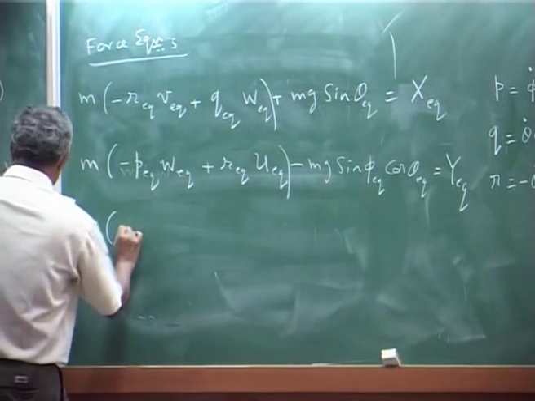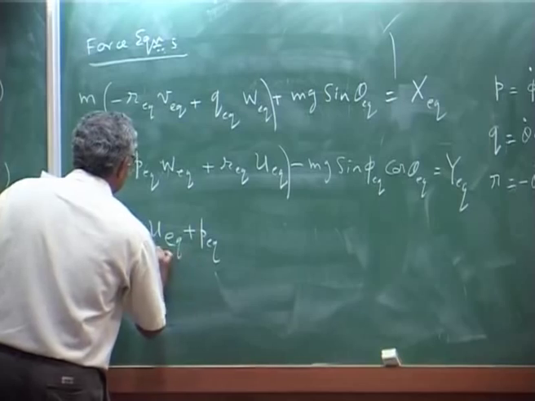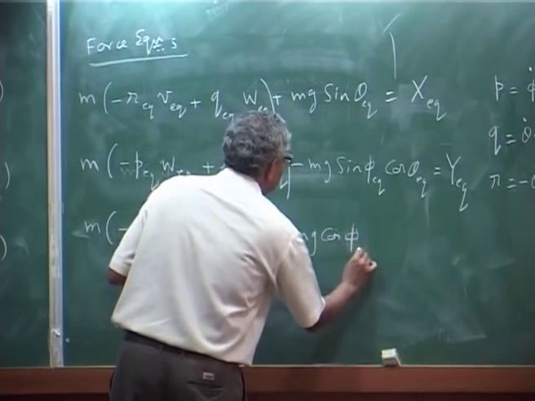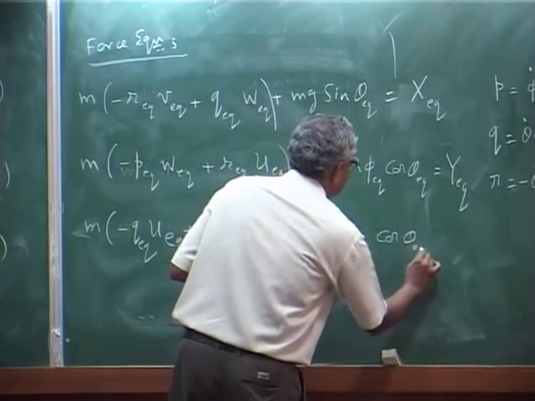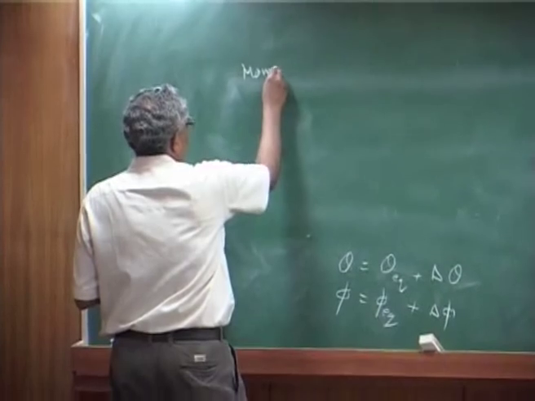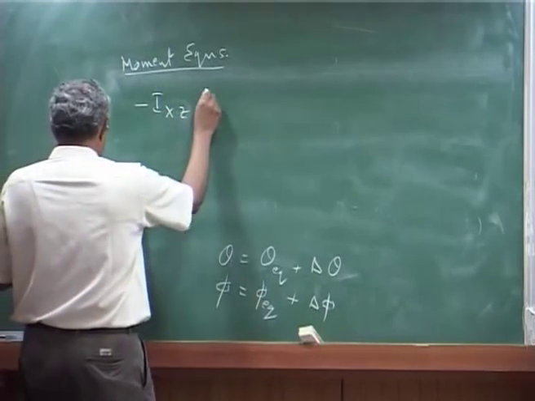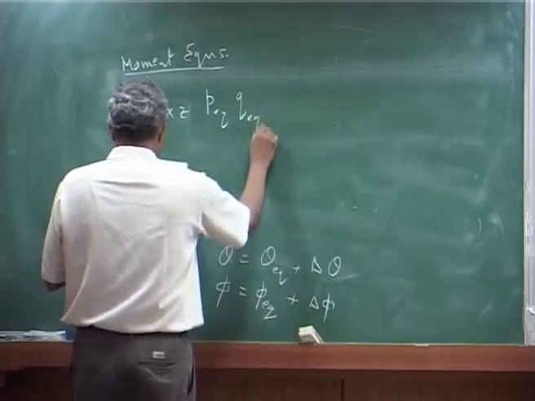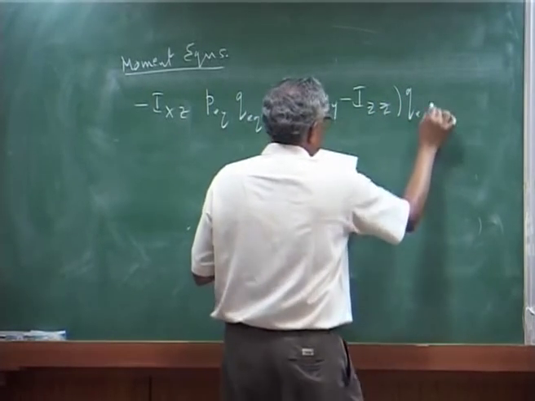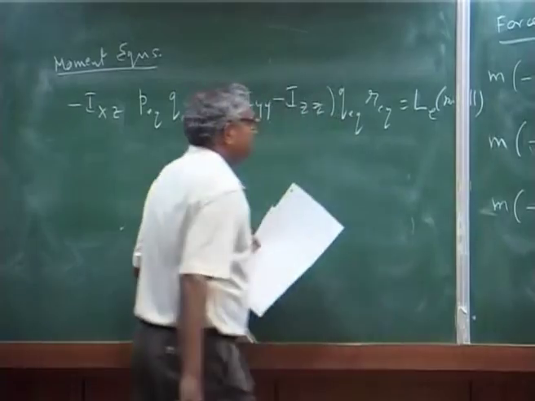Then the z equation: minus q e u e plus p equilibrium v equilibrium minus mg cosine phi equilibrium cosine theta equilibrium is Z. Then you write the moment equation also, 3 moment equations: minus I x z p equilibrium q equilibrium, I y y minus I z z q equilibrium r equilibrium, and this is the standard notation L E, roll equation.